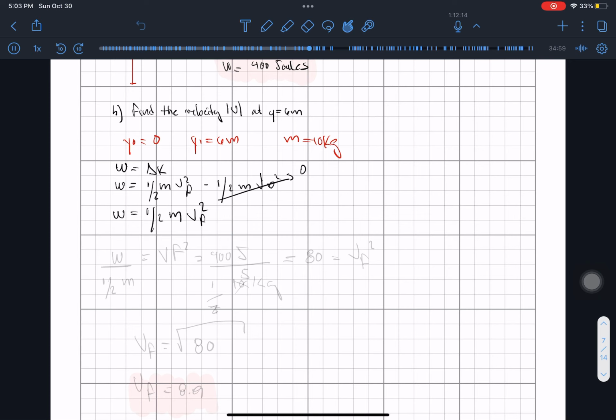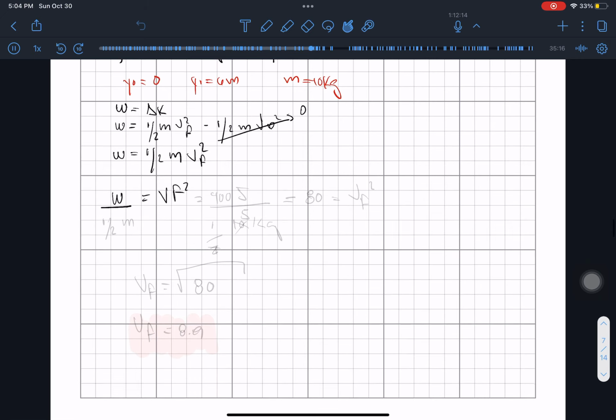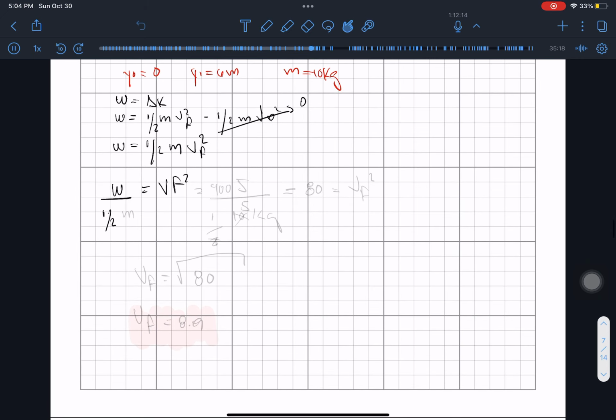So the final velocity squared is going to be equal to the work over half of the mass.